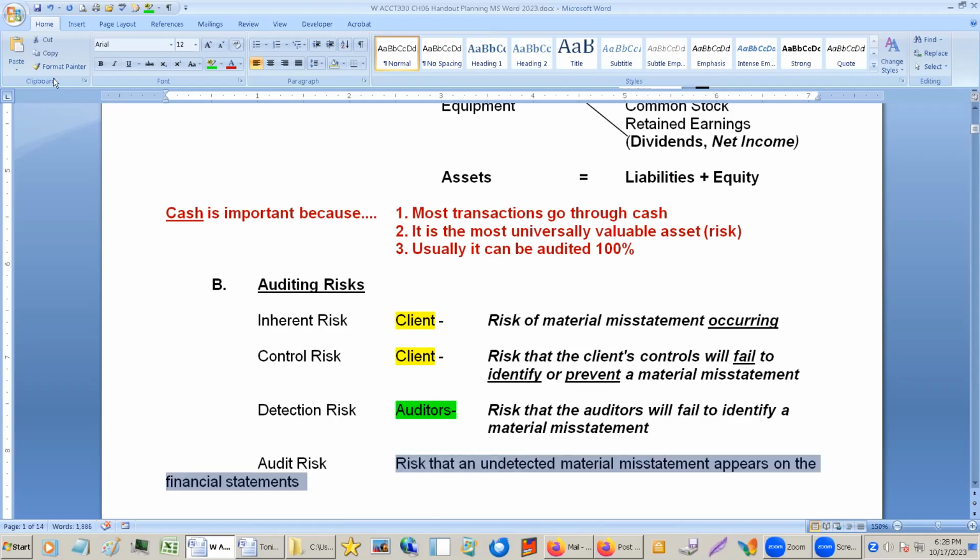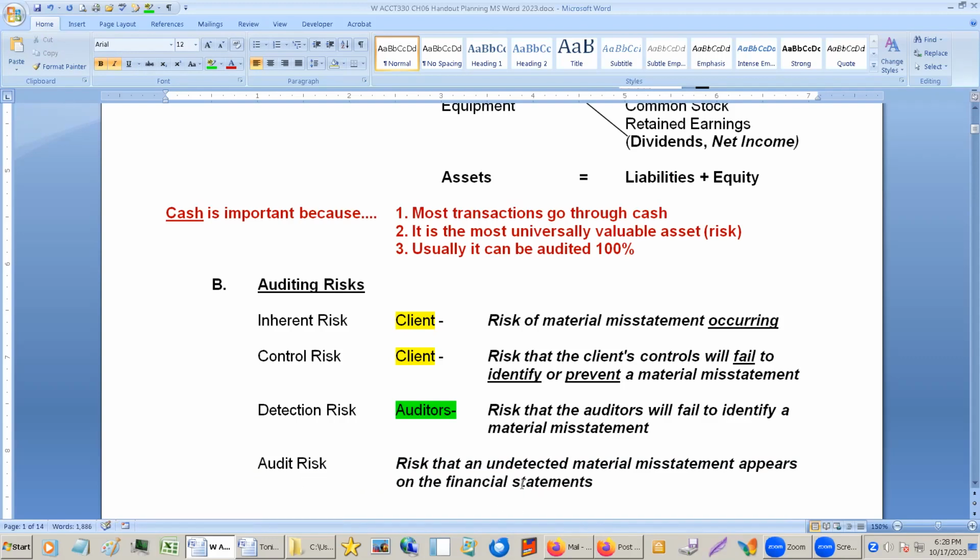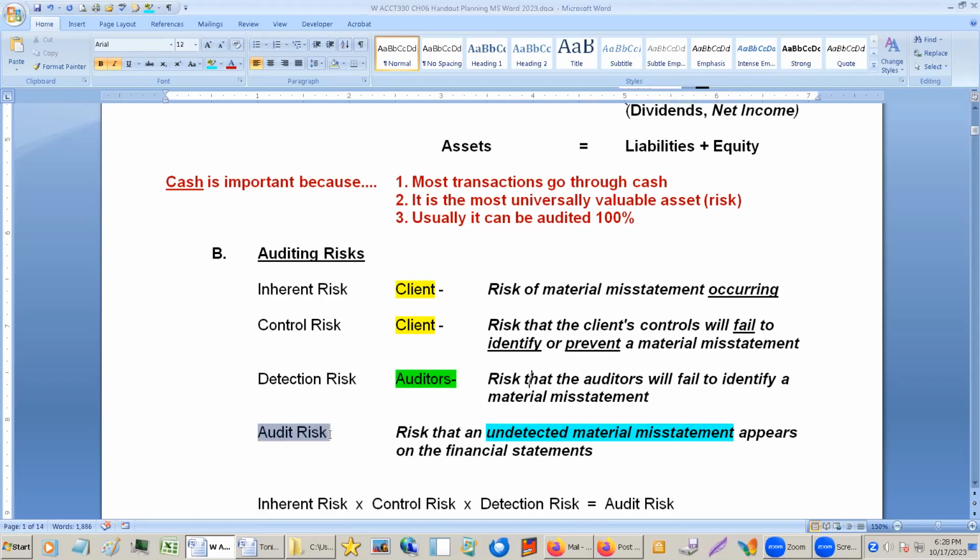The audit risk is the risk that an undetected material misstatement will appear on the financial statements. Now, it's possible you detect the material misstatement and it's still on the financial statements because the people aren't correcting it. So that is a possibility. But that's the overall audit risk.